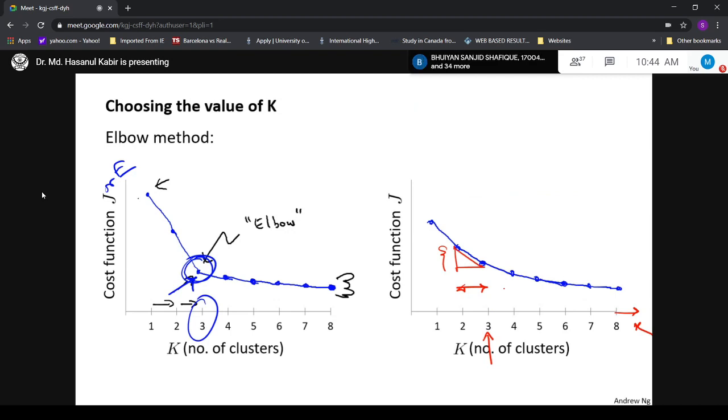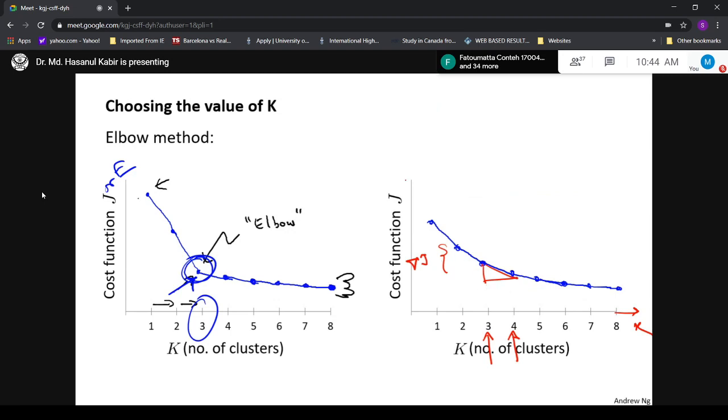But we're looking at the change in the cost, something like del J. If we look at k equal to 4, the change in cost is less than the change in the x direction, right? So this is how you can define it.